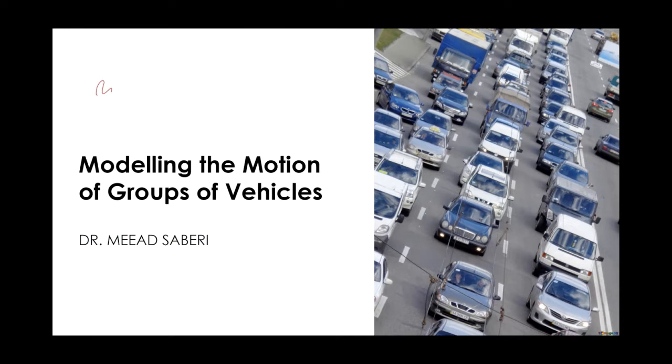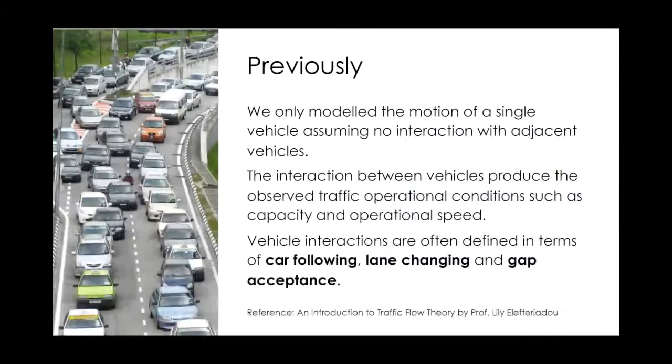This is closer to what we really think about traffic, right? So as I said previously, we only modeled the movement of a single vehicle, assuming the vehicle has no interaction with adjacent vehicles. And in fact, it is the interaction between vehicles that creates what we see in traffic, that creates the traffic operational conditions like capacity, congestion, the operational speed of traffic.